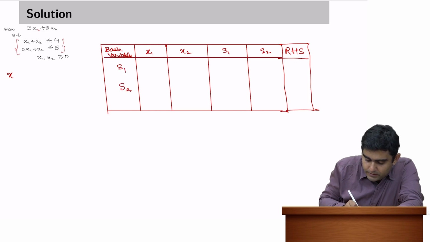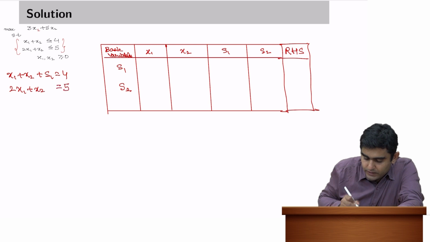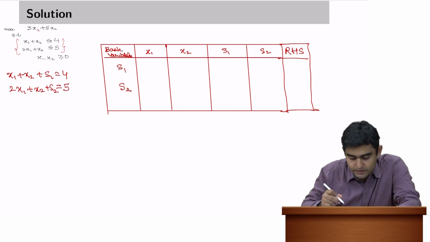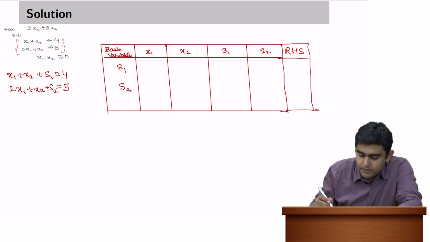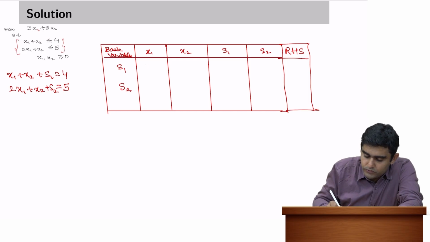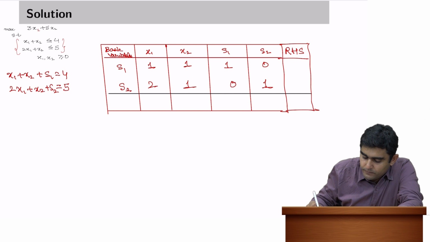That would come by converting this problem to standard form, that is x1 plus x2 plus s1 equal to 4, and 2x1 plus x2 plus s2 equal to 5. You see that if x1 and x2 are chosen as the non-basic variables, I only have a coefficient of 1 at a time in each row, and hence we can say that this form is indeed canonical. So when I write the coefficient values, x1 is 1, x2 is 1, s1 is 1, s2 is 0. In the next row it is 2, 1, 0 and 1. I will also write the coefficients of the objective function.